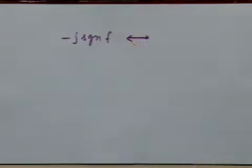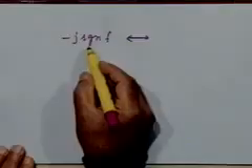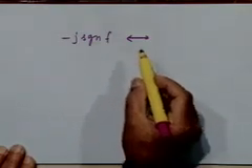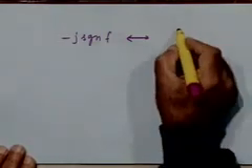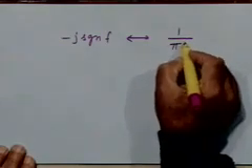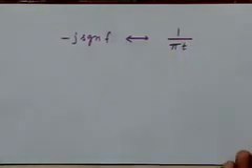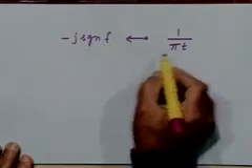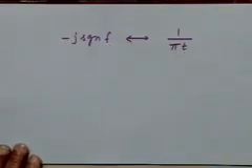Because the impulse response is nothing but the inverse Fourier transform of the system function or the transfer function. The transfer function here is minus j signum f. Signum f inverse Fourier transform is j by pi t. So this will simply become 1 by pi t because minus j squared is equal to 1. Right? So the inverse Fourier transform of minus j signum f is 1 by pi t.